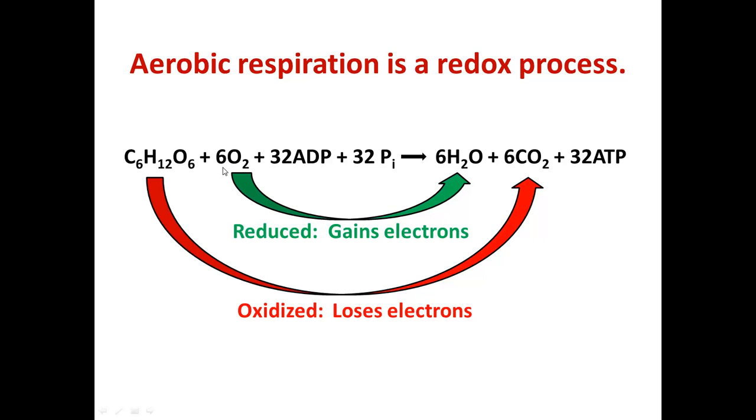And this reaction is redox because you can see that oxygen is what is reduced. It gains electrons to form water, whereas glucose is oxidized and loses electrons to form CO2.